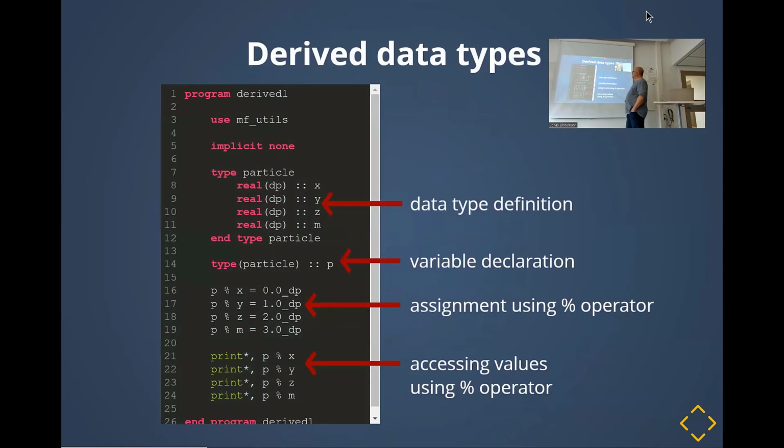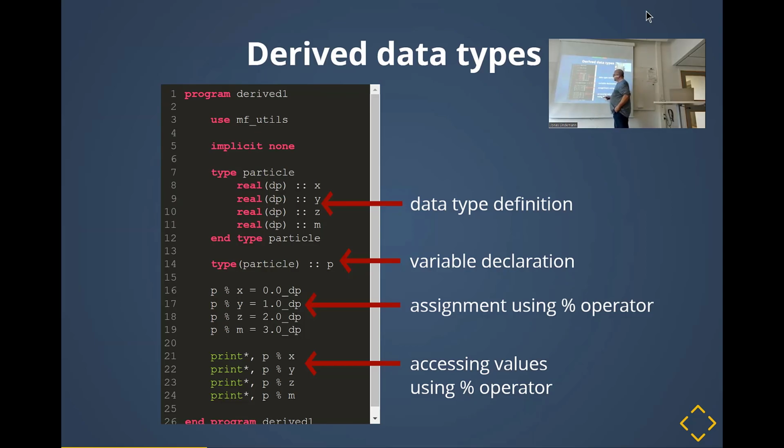So here's an example. I have a particle here, which usually contains the precision, so I put it here. But I have 4 members here: X, Y, Z, and M for mass, for example. And then you end type particle. So now I have defined my derived data type called particle. Now I can declare a particle using type particle P. And now I can use P%X equals a value. This corresponds to the dot operator in Python.